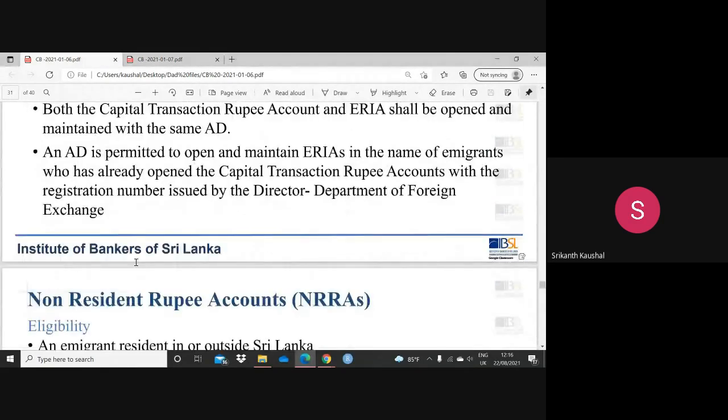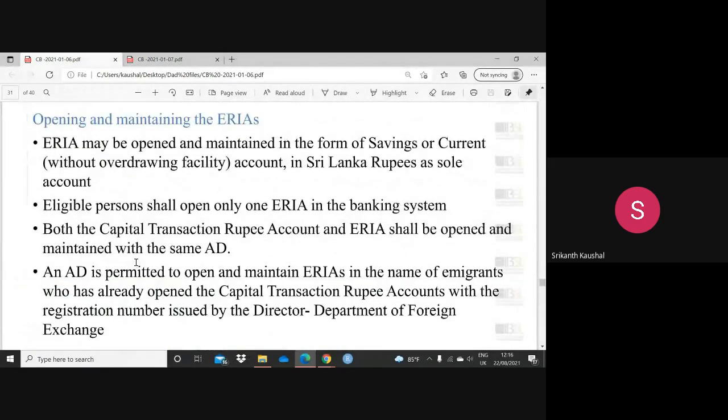Okay. So remember, when I give you small notes, I will tell you to open an ERI or CTRA, the customer has to obtain a registration number from the Department of Foreign Exchange. They have to get a registration number, one unique number.